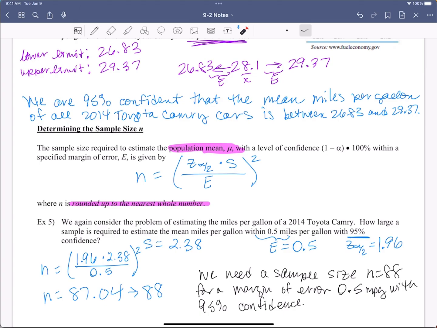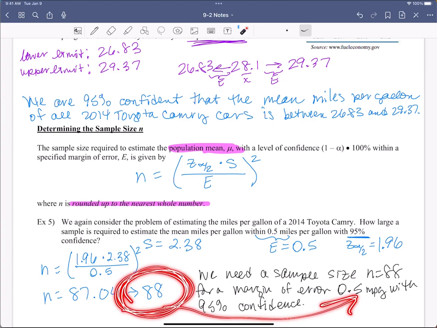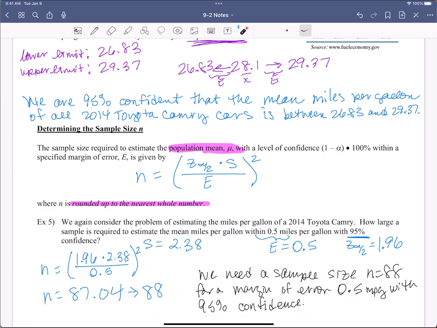In order to be 95% confident with only half of a mile per gallon margin of error, we need a bigger sample. And that's what this is asking.